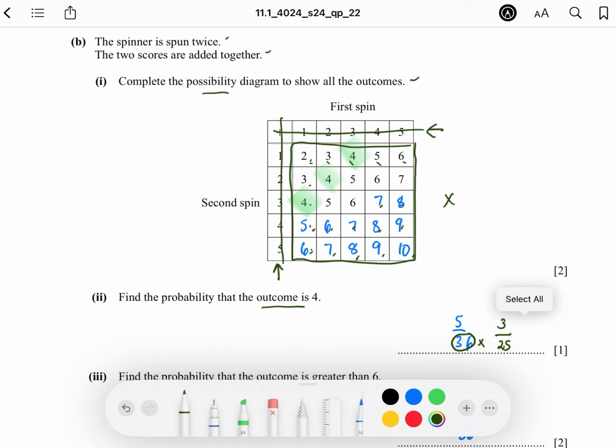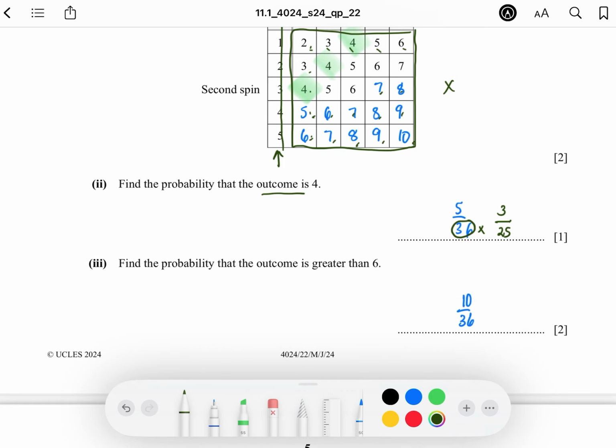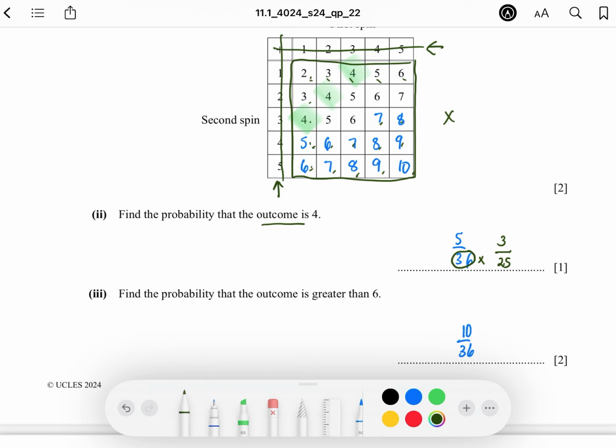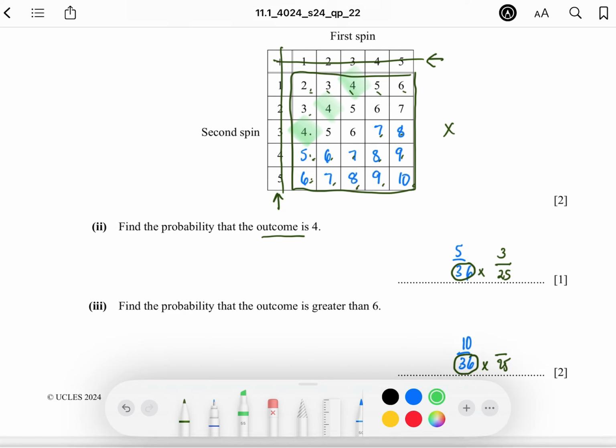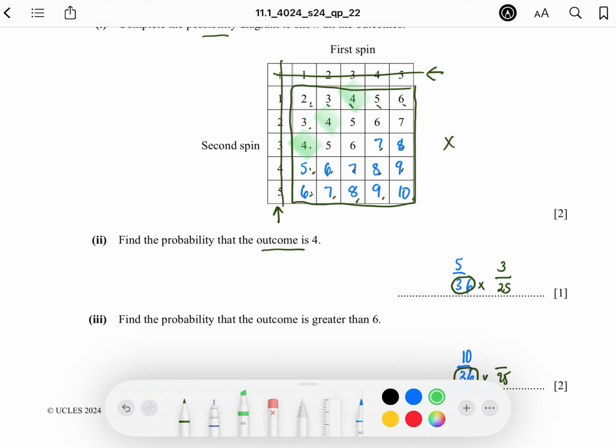Find the probability that the outcome is greater than 6. Again, it's a fraction here. So 50-50, that is correct. However, as discussed, total outcome is not 36, it's 25. And how about the outcome greater than 6? Greater than 6 means it does not include 6, it includes 7.